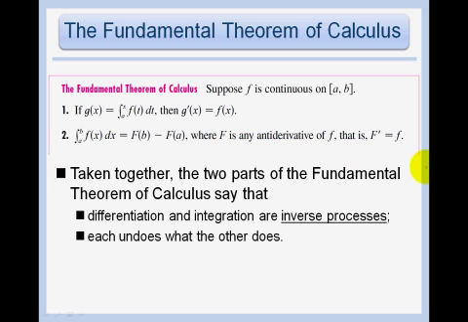Taken together, these two parts of the fundamental theorem of calculus say that differentiation and integration are inverse processes, and each undoes what the other does. And that is very, very key. It might sound minor, but it is very key. And so that's the end of this lesson. We'll be seeing a lot more of it, of course.